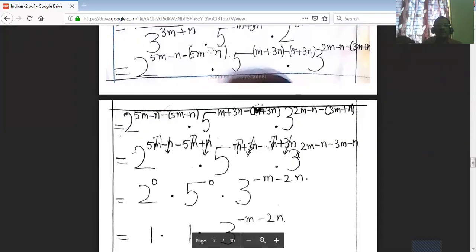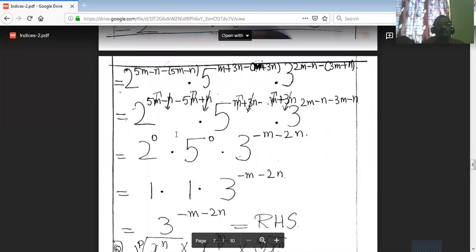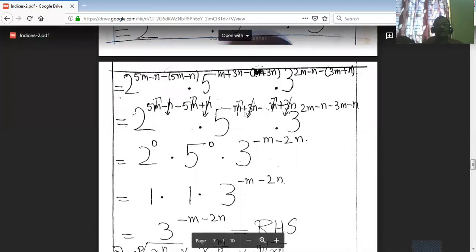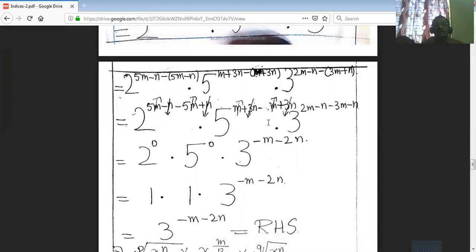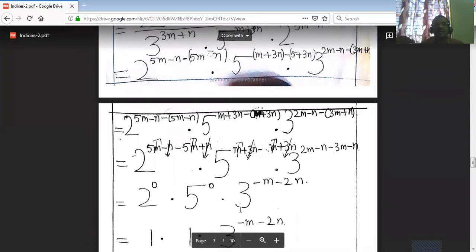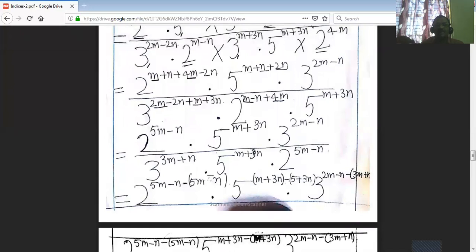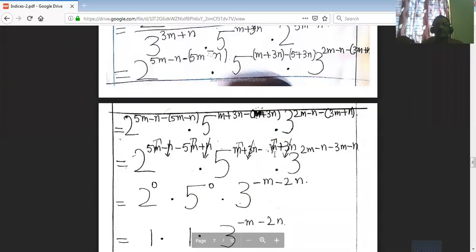Now if you go on simplifying this, ultimately you get 2 to the power of 5m minus n minus 5m plus n, and you are going to cancel the 5m and minus 5m, plus n minus n. Plus 3n and minus 3n are cancelled, and you get 5 to the power of 0.